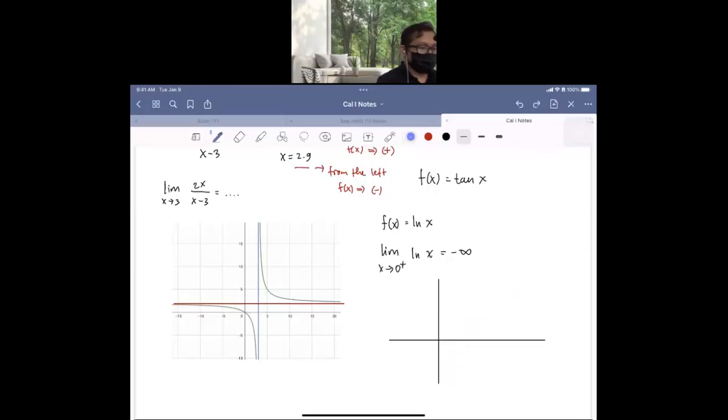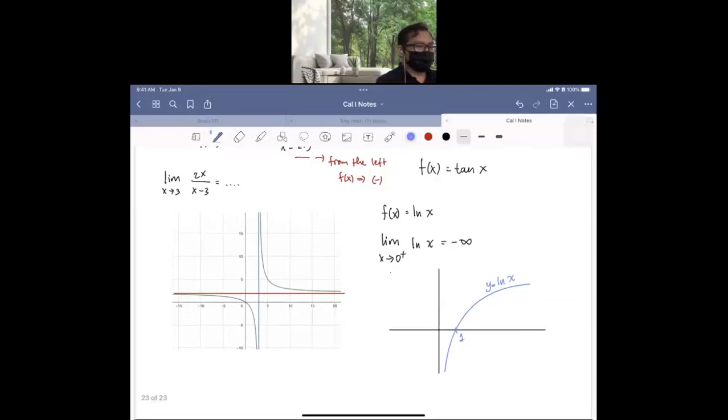So we'll see here. Let me make it a little bit bigger. So we see from this visual, the ln goes to negative infinity if you approach 0 from the right side.